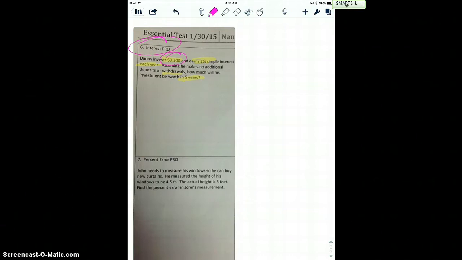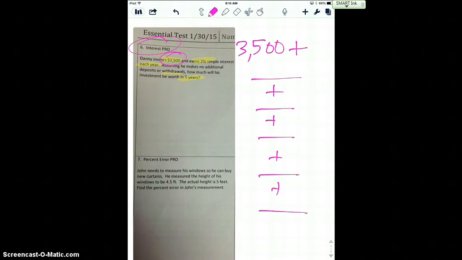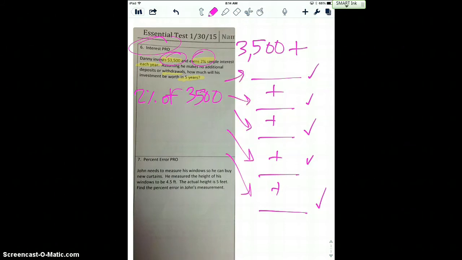So the key is here, he will have $3,500, but every year, the first year, the second year, the third year, the fourth year, the fifth year, he's going to be making money. And how much money is he going to make? He's going to make 2% of the amount he put in, $3,500. So we need to find how much money that is because he gets that every single year for 5 years.